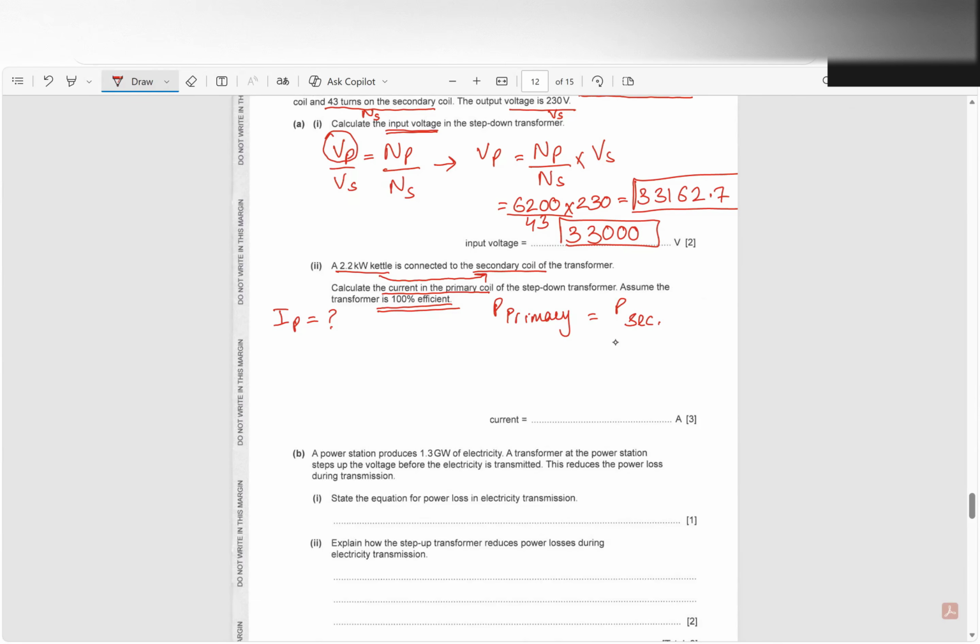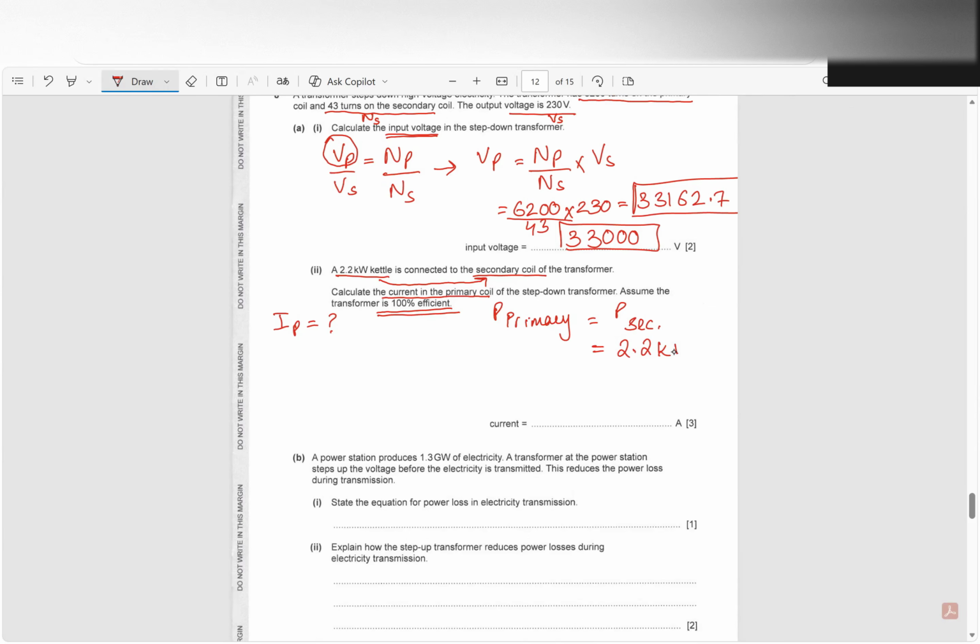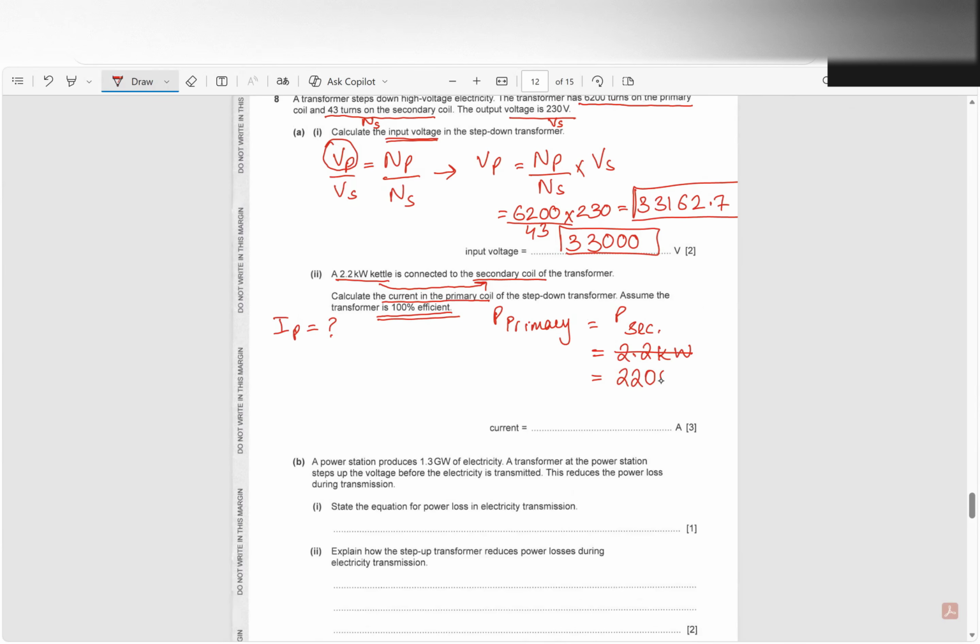We already had the secondary's power, 2.2 kilowatts, but this is not what we're going to write in the calculation. We're going to remove the prefix and use 2,200 watts. So the same power could be used if required to find anything, for example, the current on the input primary side.